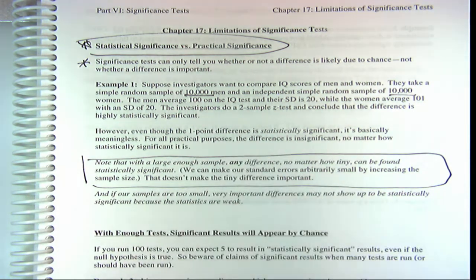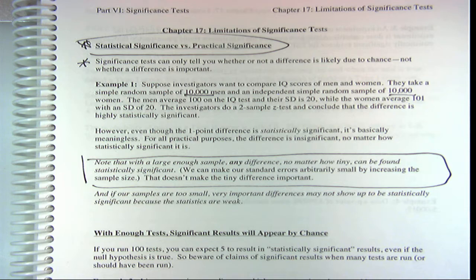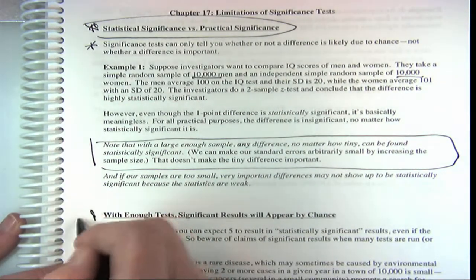If you know the IQ test, it's just so tiny that it doesn't mean much. So whether something's statistically significant is very different from whether you care about it, because any difference, no matter how minuscule, will become statistically significant if you have giant sample sizes. That doesn't mean it's a difference we would care about at all.